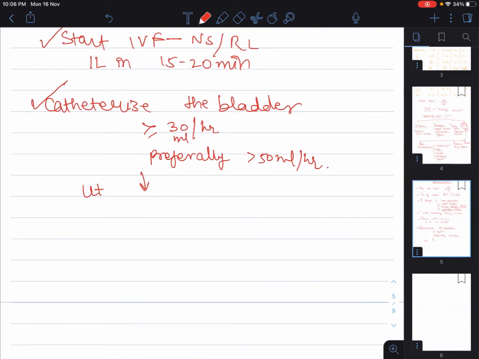Now the uterus was flappy, as we all know, so we need to give her uterotonics so that her uterus regains its tone, and that automatically will take care of the bleeding. So what are the uterotonics that you can give? One is oxytocin.